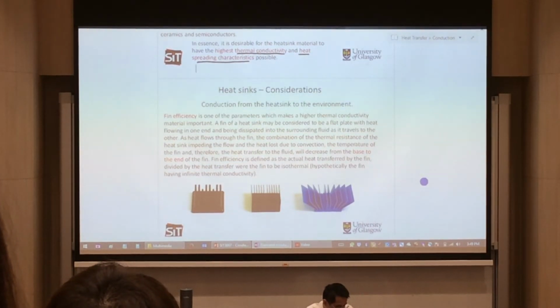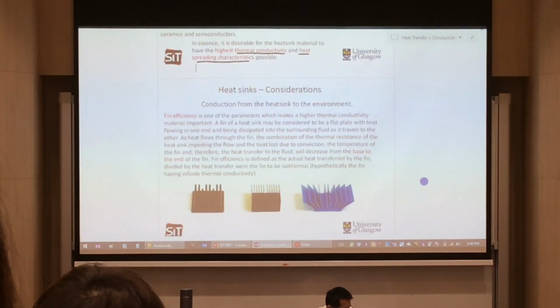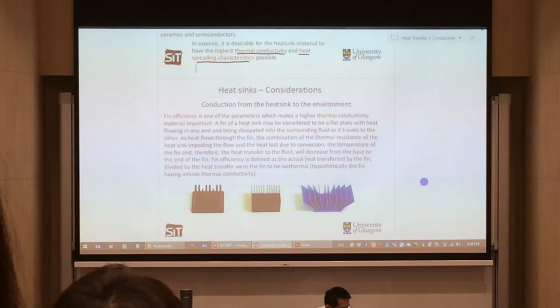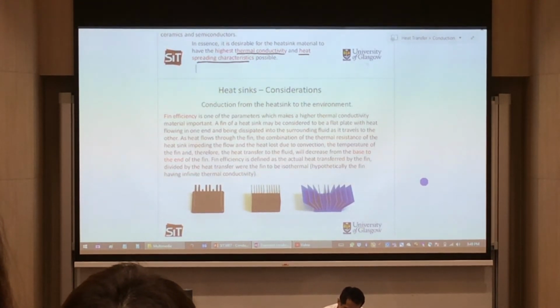Now the fin efficiency, what it means is that if you take the ratio of actual heat transferred, divide that by the heat that will be transferred if the entire fin will be at base temperature. What does that mean?